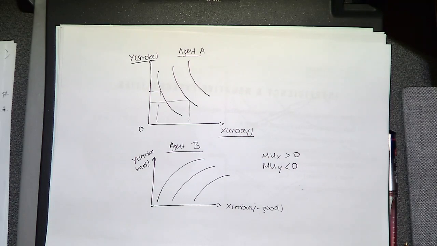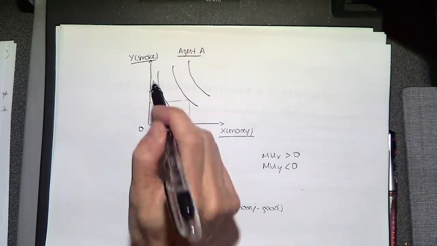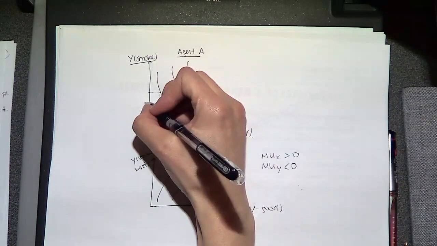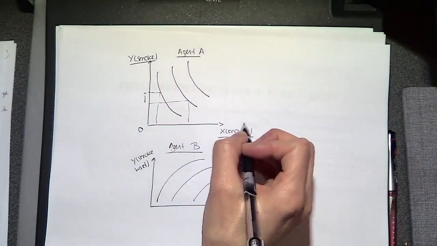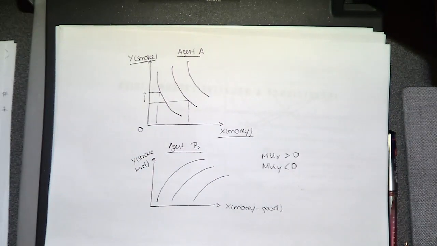So why will they look like that? See that here, for example, to increase the consumption of one of the goods, you will have to decrease the consumption of the other good. This is the property of the indifference curves, the decreasing marginal rate of substitution, the slope.